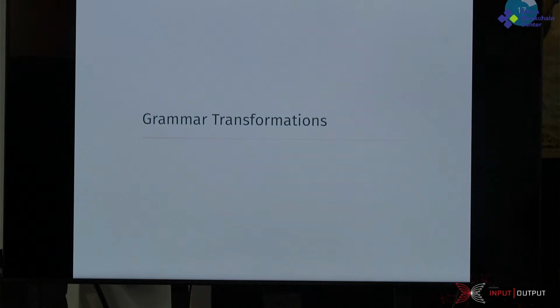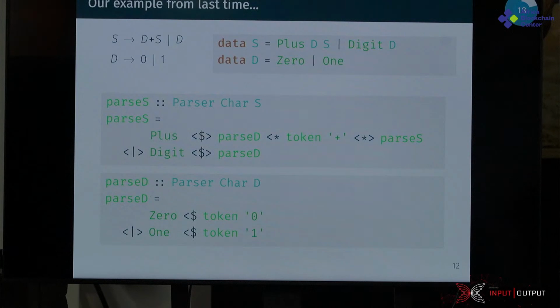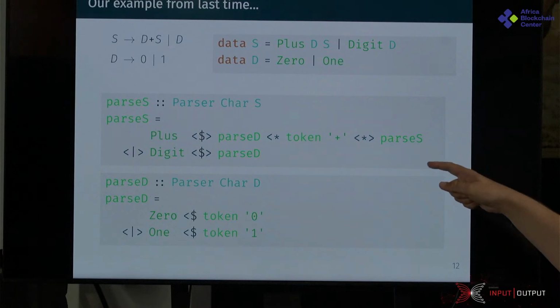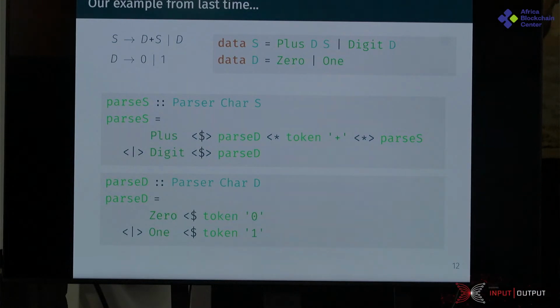Right. So we did the first chapter of this lecture, and now maybe I should mention this. These parser combinators are wonderful. There's just one problem. Sometimes if the grammars have a particular property, so this was our example.